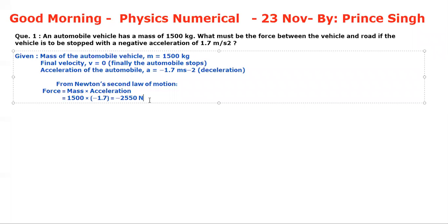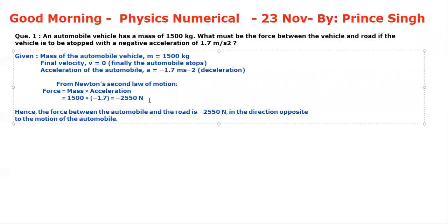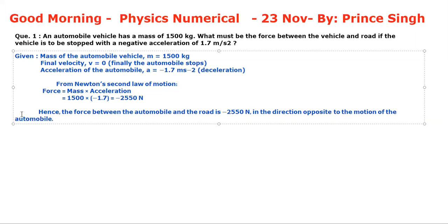One more line we have to add here, otherwise our half marks will be deducted. In the last line we have to conclude the answer as: hence the force between automobile and the road is minus 2550 Newton, in the opposite direction to the motion of the automobile. So this will be our final answer. Okay.